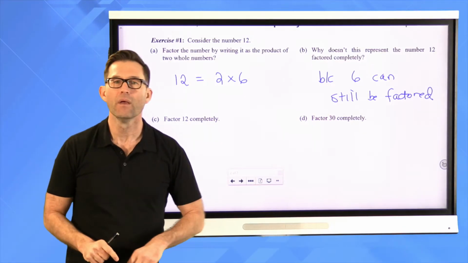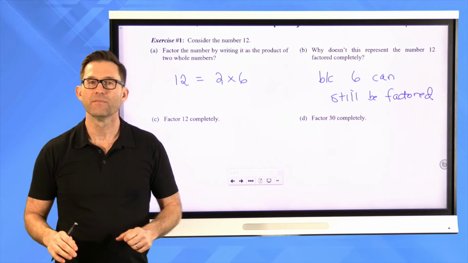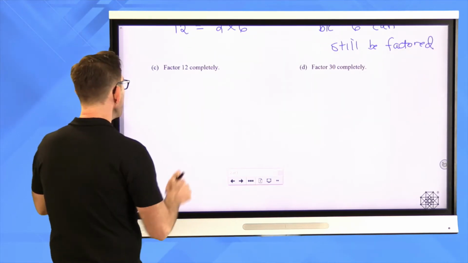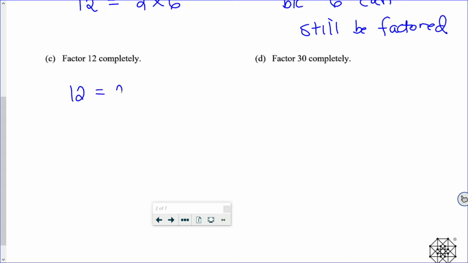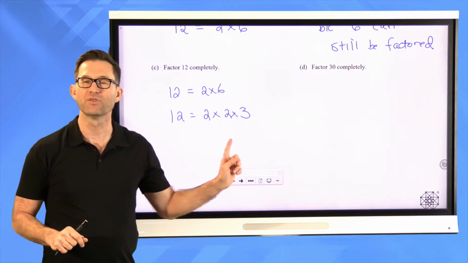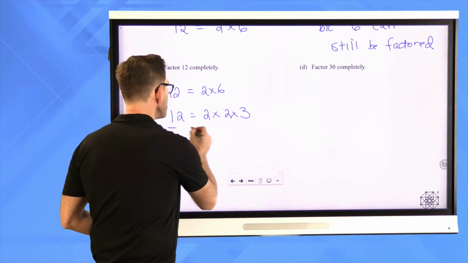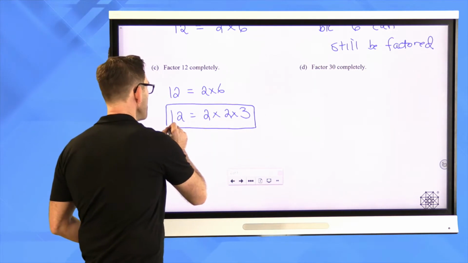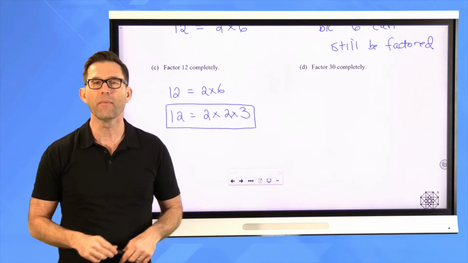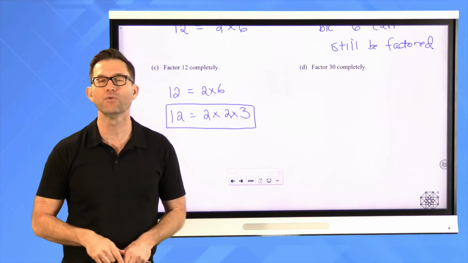Alright, so now letter C says factor 12 completely. Well, to do that, we can say 12 is equal to 2 times 6, and 6 is equal to 2 times 3. So now 12 is equal to 2 times 2 times 3, and this is factoring 12 completely. Now, you might say, well, what if you didn't start with 2 times 6?